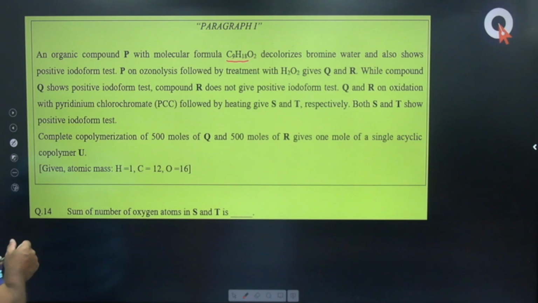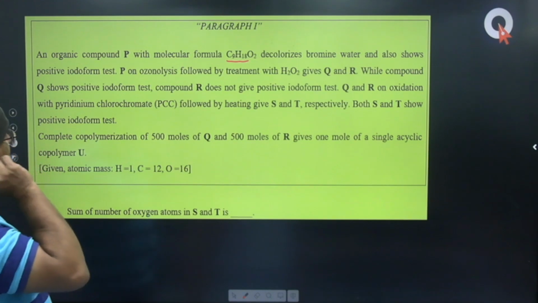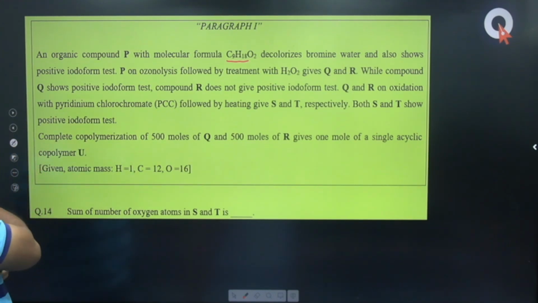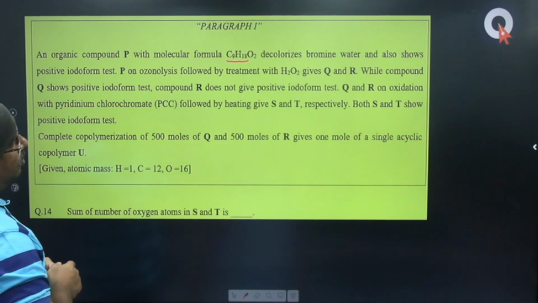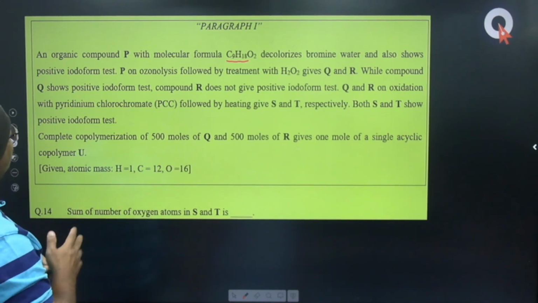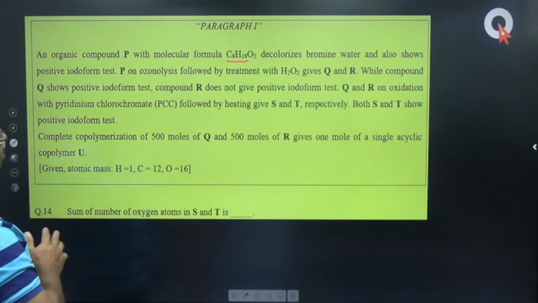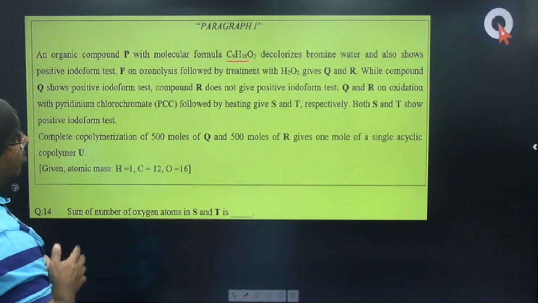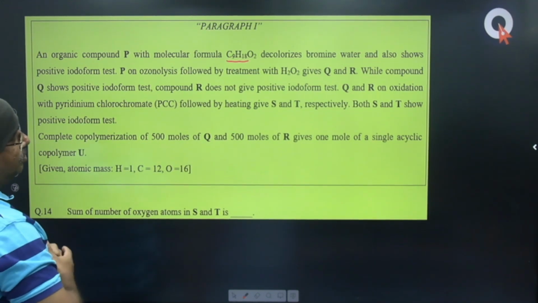Then it reacts and shows a positive iodoform test. Then P undergoes ozonolysis followed by treatment with hydrogen peroxide, so oxidative ozonolysis, giving Q and R. Compound Q will show a positive iodoform test. Compound R will not show a positive iodoform test.